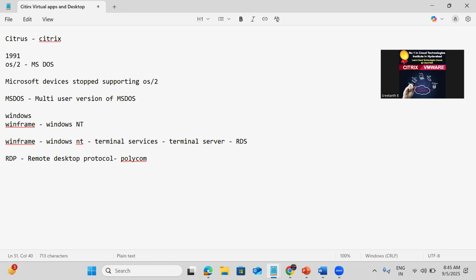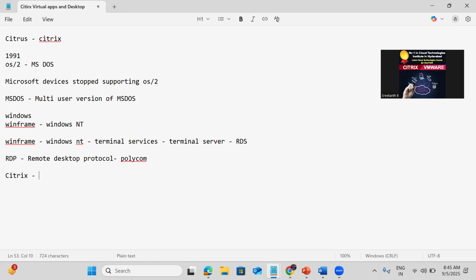Microsoft was very happy, because they got what they wanted: a multi-user version of Windows. Citrix had developed the complete thing, and Citrix got the money from WinFrame.